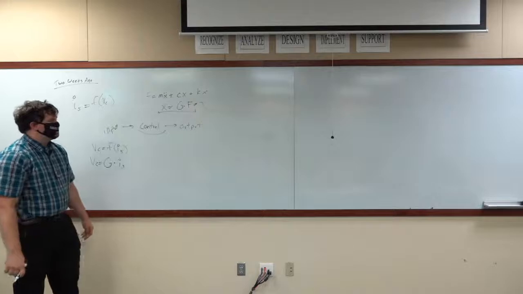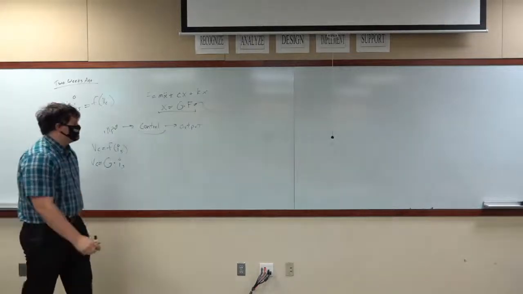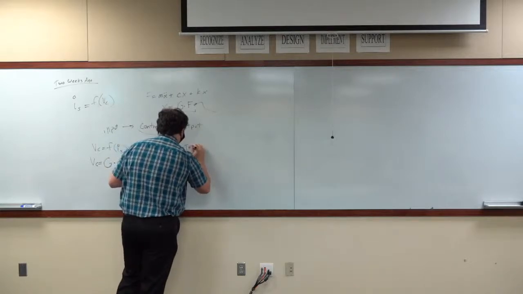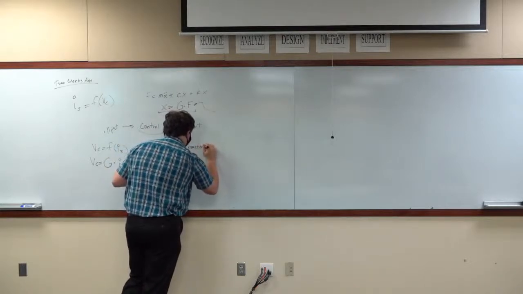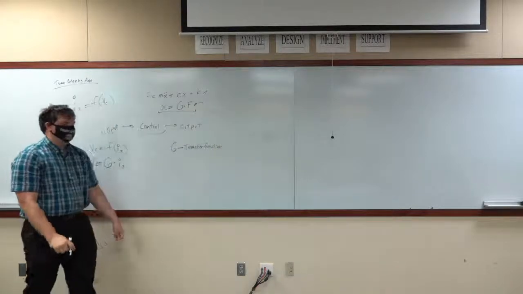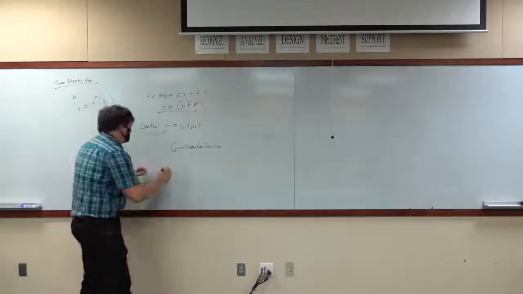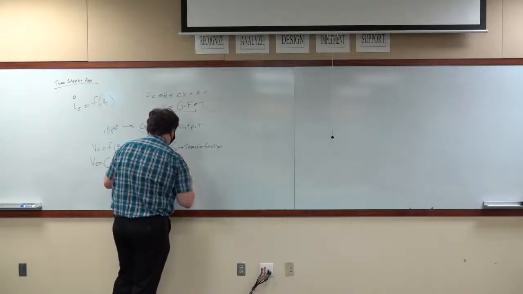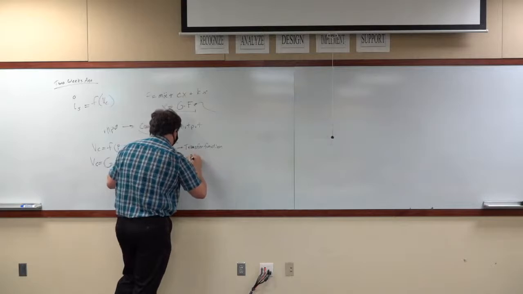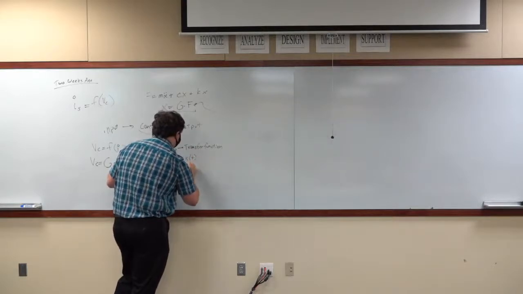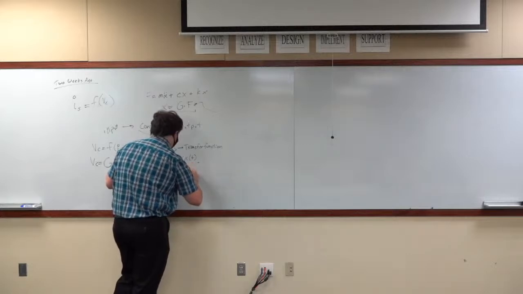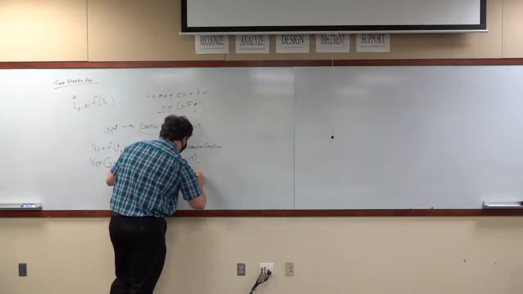Okay, so we're going to go ahead and define G as a transfer function, where g is equal to the function x with relation to time divided by f with relation to time.